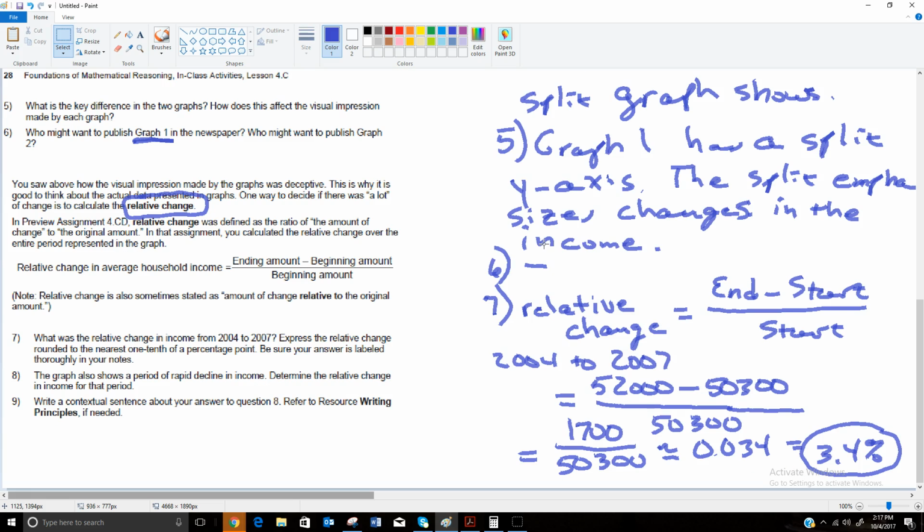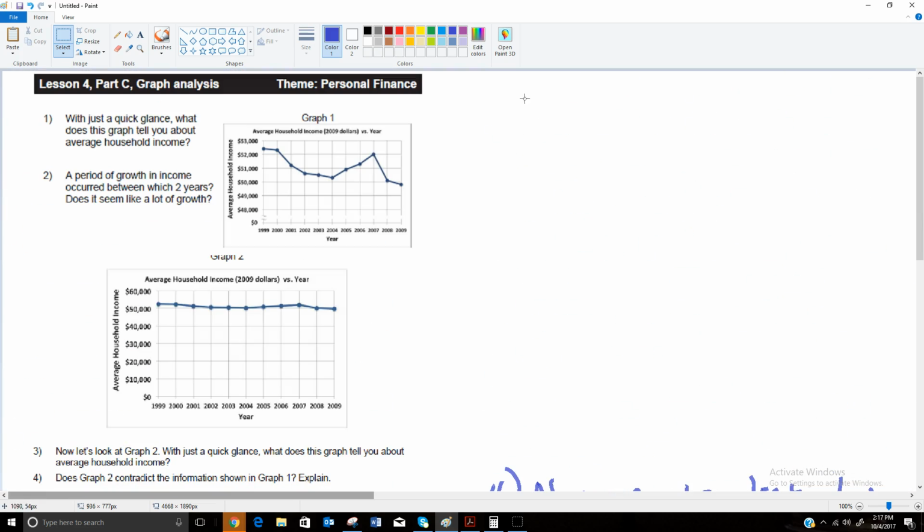So, is that number 8? So for number 8, we want to get the relative change. Again, it's not that first number we got, that 1,700 amount, how much it actually changed. We call that the actual change. So it wasn't the absolute change in value that we were looking for, the $1,700.